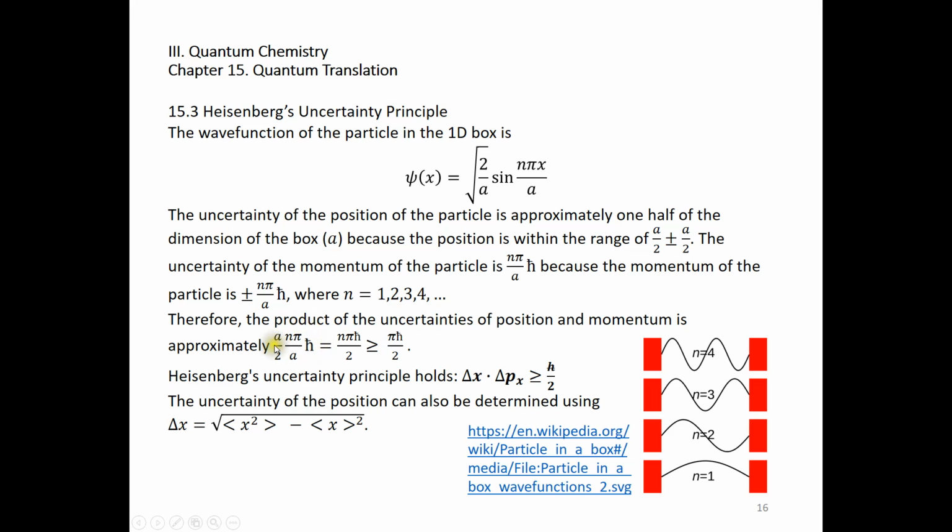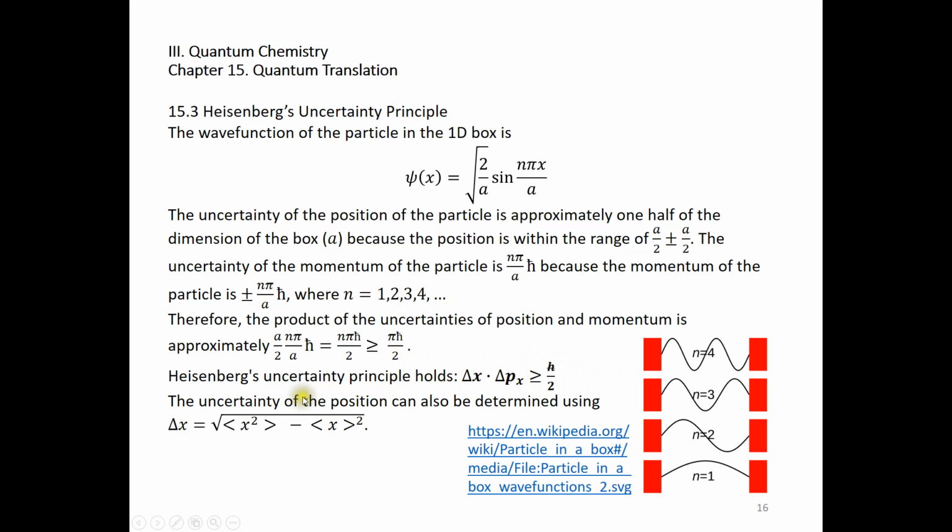Therefore, the product of the uncertainties is greater than or equal to pi h bar over 2. And therefore, Heisenberg's uncertainty principle holds, which states that the uncertainty of the position times the uncertainty of the momentum of the same particle must be greater than or equal to 1/2 of h bar, and certainly pi over 2 is greater than 1/2.